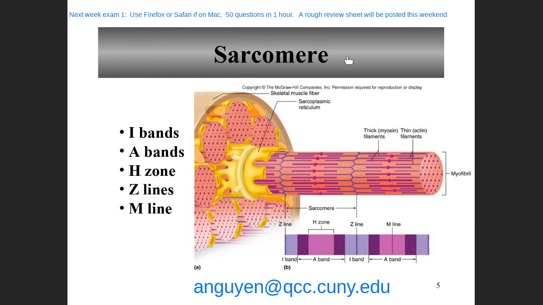Another definition of the sarcomere is the distance between the two Z lines. You see here, the Z line is in the middle of the I band. So the distance between the two Z lines is considered a sarcomere.